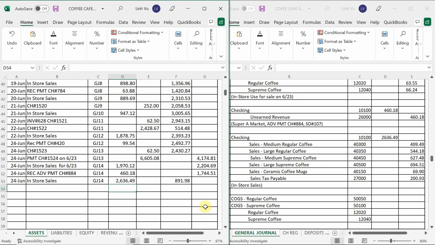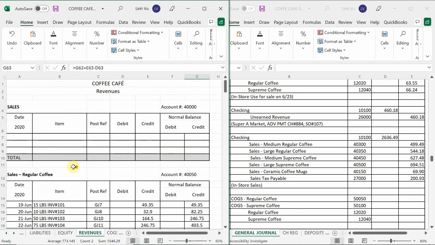So in this case, we gained $2,636.49. Therefore, that put us in the positive $891.98. So now I go straight into my sales.